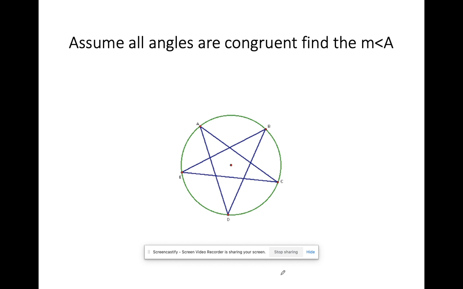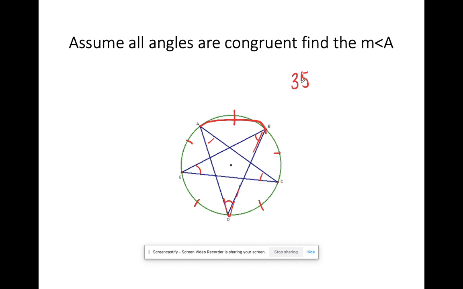And then finally, for this last example here, I'm assuming that all of the angles are congruent, so I want to find the measure of angle A. What we can do here is look at how many arcs we have across the circle, because each of these arcs here, like arc AB, is going to correspond to this angle ADB back this way. And that angle would be the same as each of these. So if all of those angles are the same, then all of our arcs would be the same. So if I just count up my arcs, I've got 1, 2, 3, 4, 5 congruent arcs.